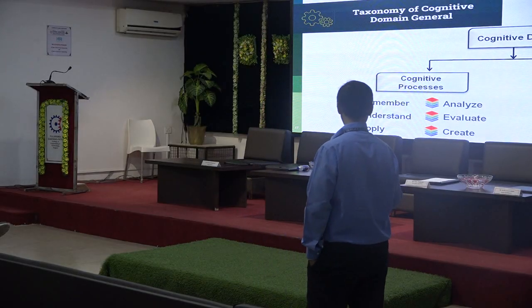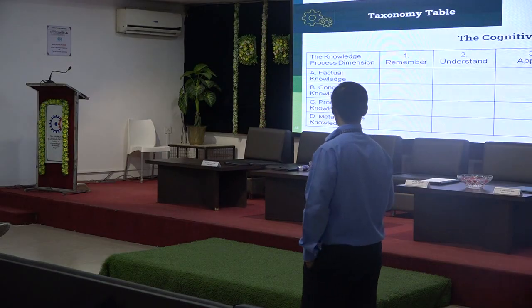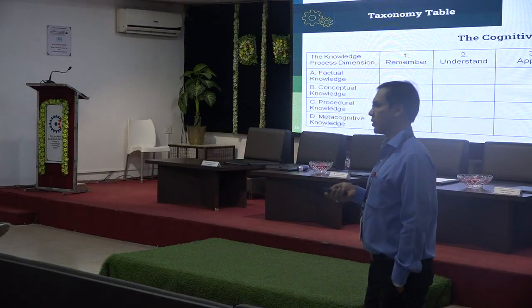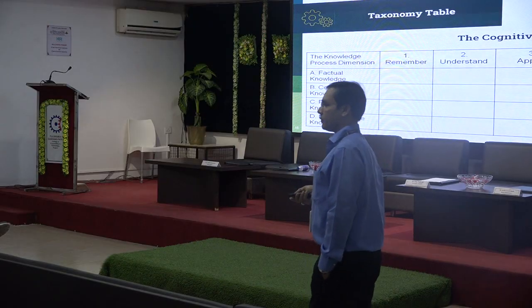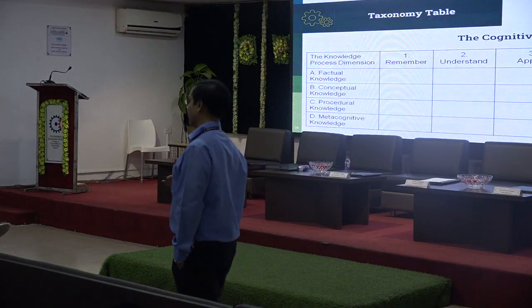And when we talk about this domain, then this domain needs to be analyzed in that particular part. So this is the taxonomy table, which just now I have said, that there are 6 layers or 6 levels which we have seen Bloom's has given.